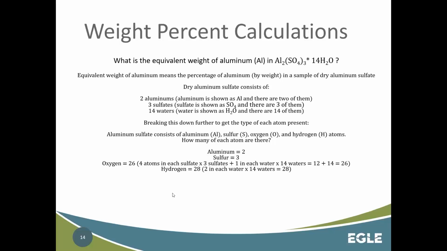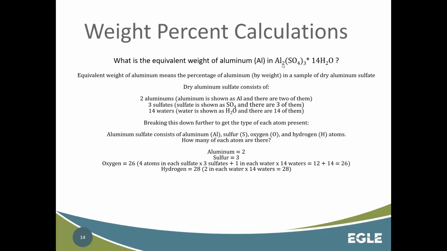In order to figure out the weight of each element, we're going to have to break this down a little bit further. Aluminum sulfate consists of aluminum, sulfur, and oxygen. And then, of course, we have our waters of hydration over here, so we're also going to have hydrogen atoms. So how many of each atom are there? We already discussed we have 2 aluminum.